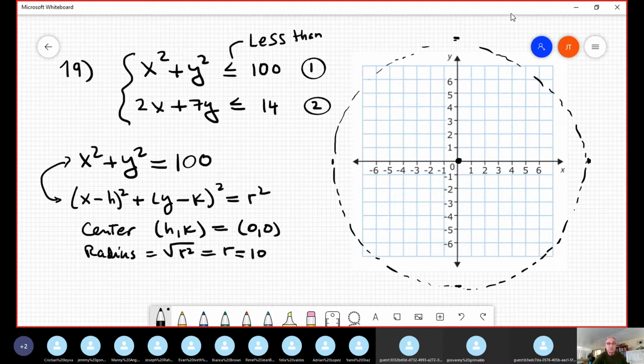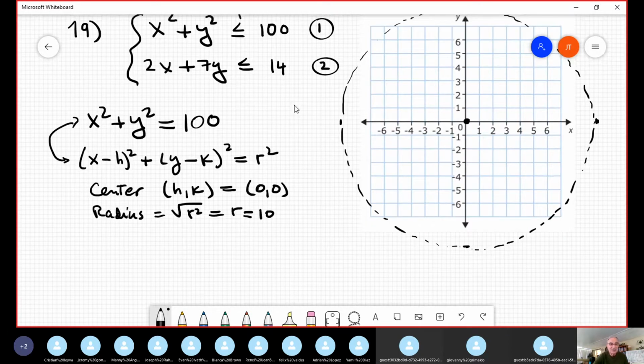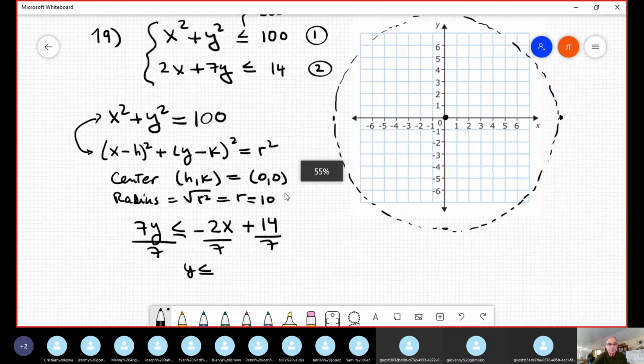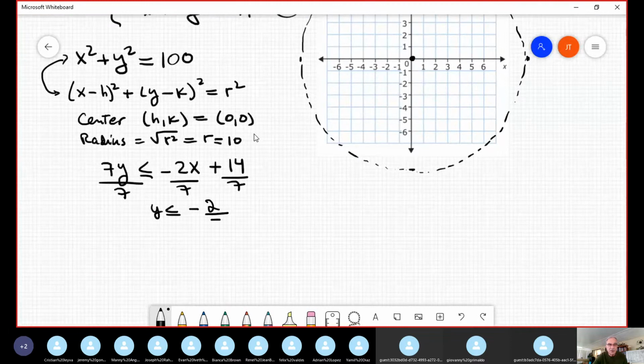Okay, this was easy. The second part is the linear one, and we do exactly the same, similar to the other problem. 7y less than or equal to negative 2x plus 14, divided by 7. Y alone is less than or equal to negative 2 over 7, like a fraction, x plus 2.